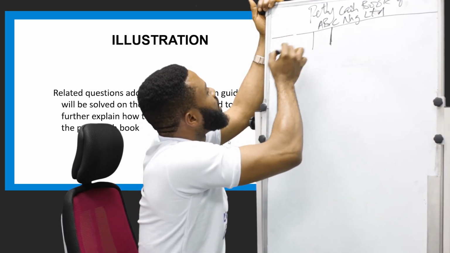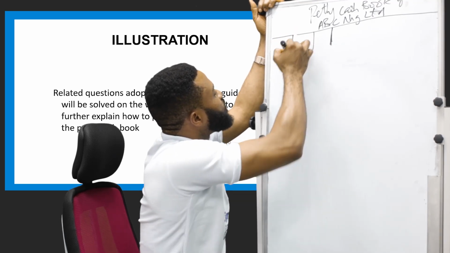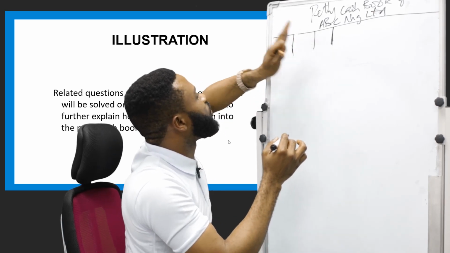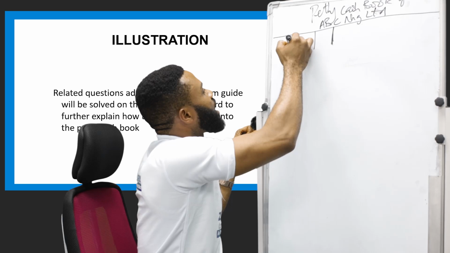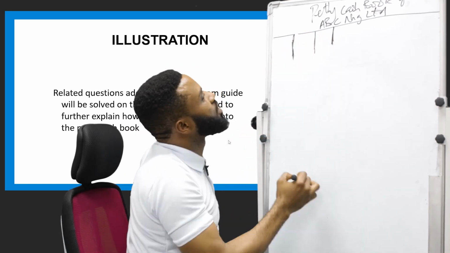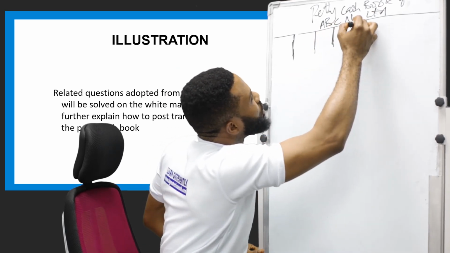You start with the date. Some textbooks write date before the receipt, some write the receipt before date. But I think we should start with date. And then this will be the receipt. This will now be the voucher number. This will now be the total.